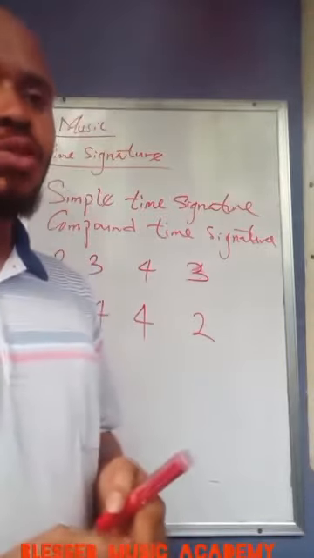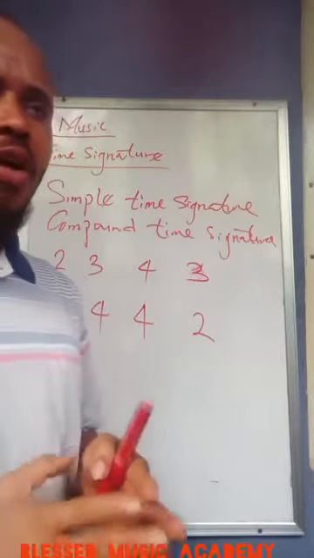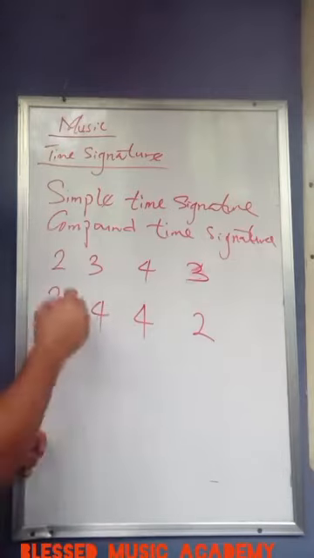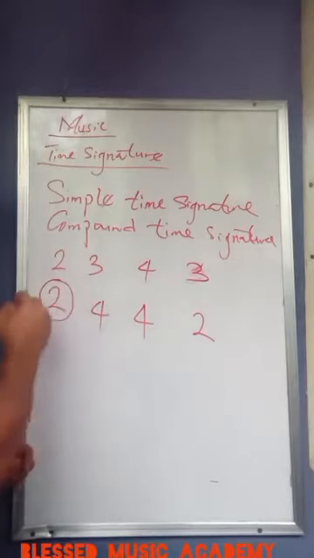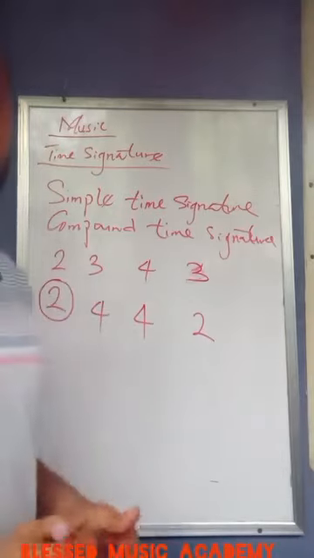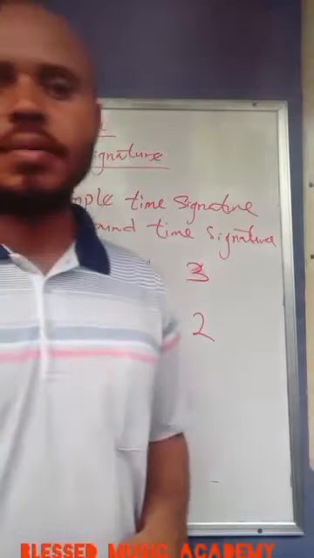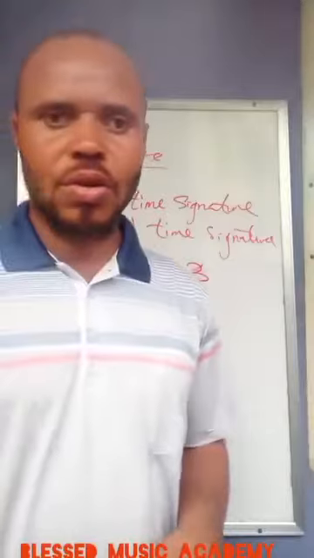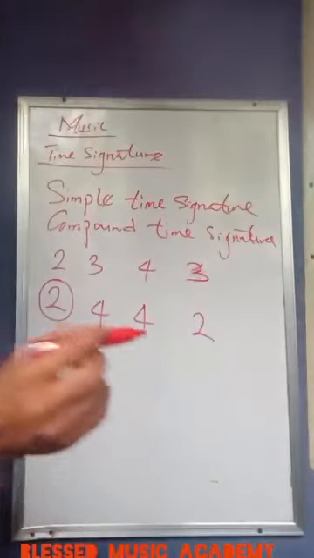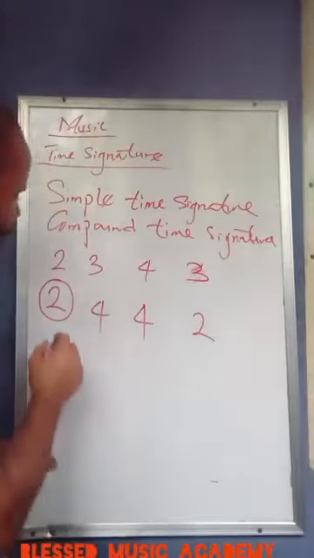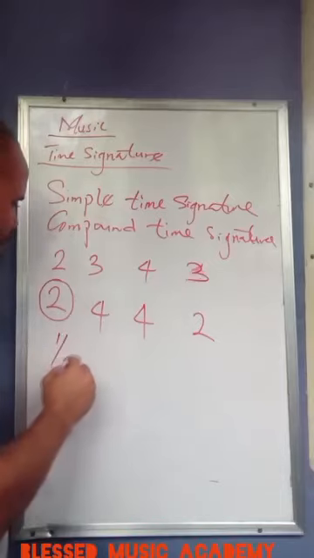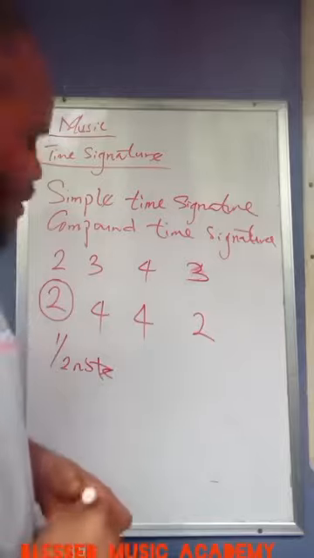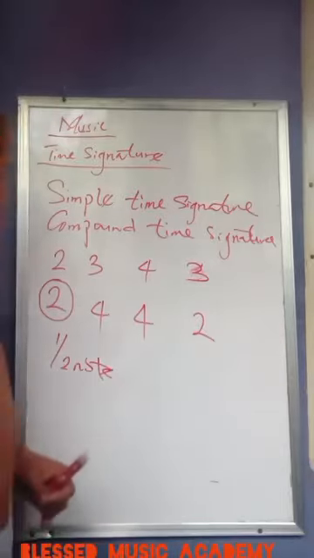These are musical notes. If you are conversant with these musical notes, you will know that the beat of minim is 2. The Americans call it half note. Half note. That's what the Americans call it.